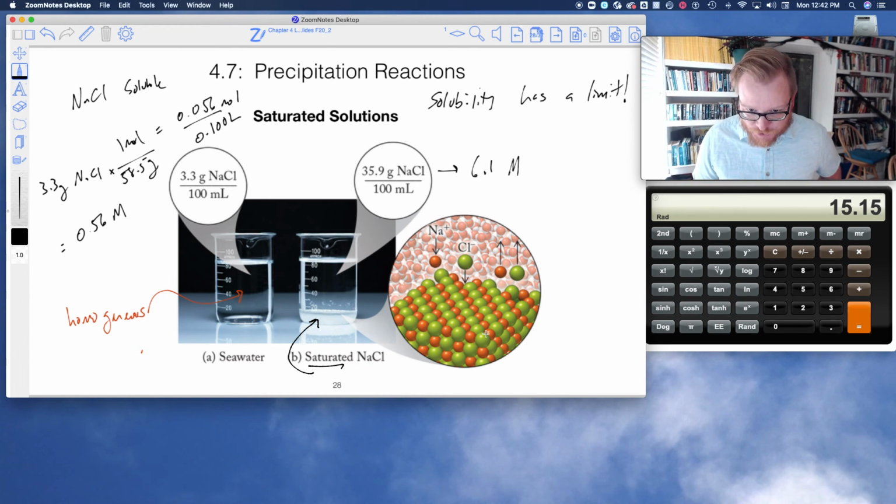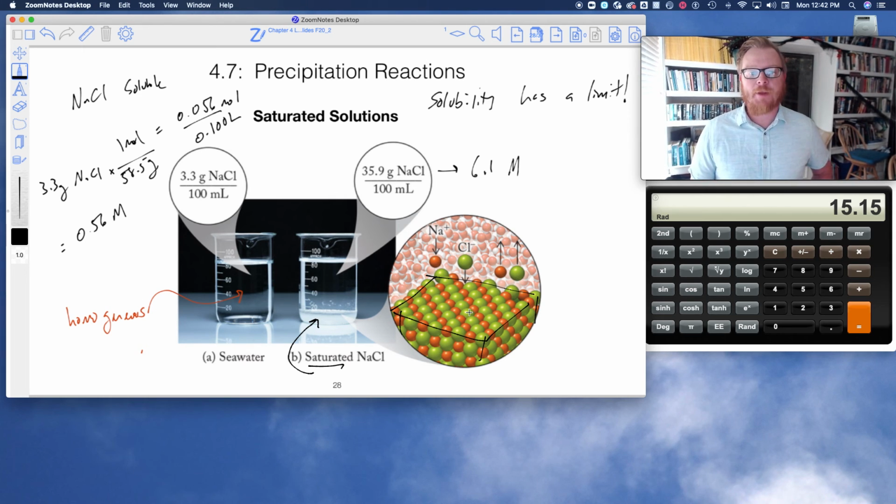And if you notice this cartoon, what the cartoon is showing you is, here is our salt crystal, like our little cube of salt, and some of it is still remaining as a solid chunk, a salt crystal, and some of those ions are in this complicated thing that we call equilibrium, where they're precipitating and dissolving, and precipitating and dissolving.